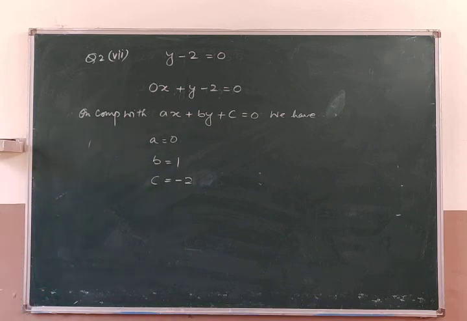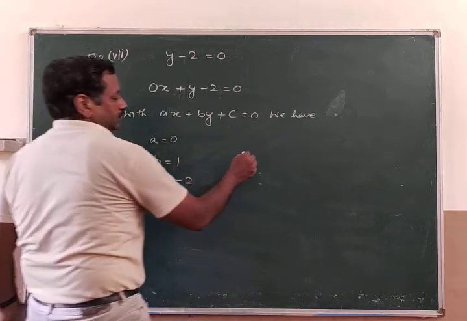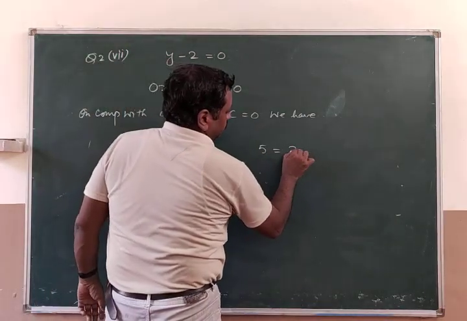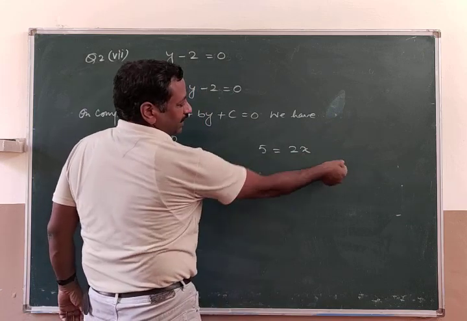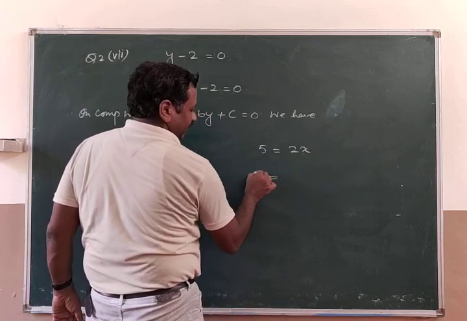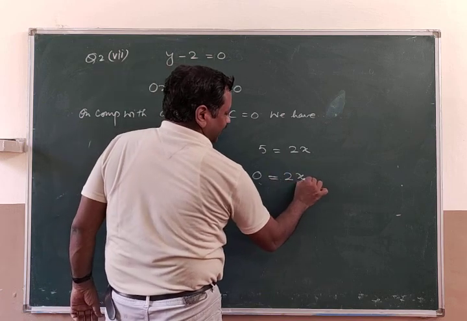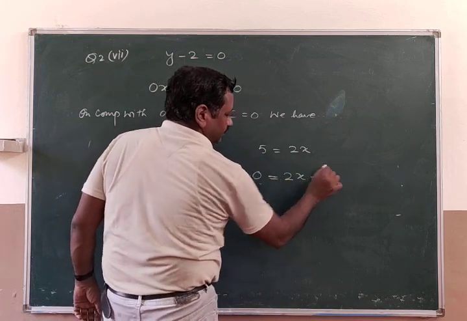Similarly, we will do the eighth part: 5 equal to 2x. Take the 5 to that side and make this side 0: 2x minus 5.